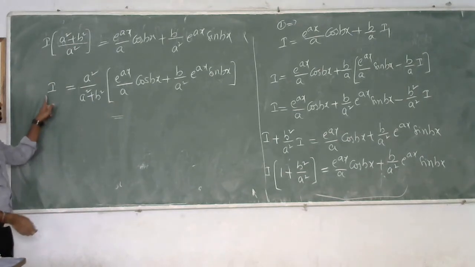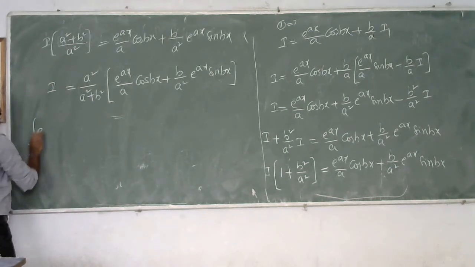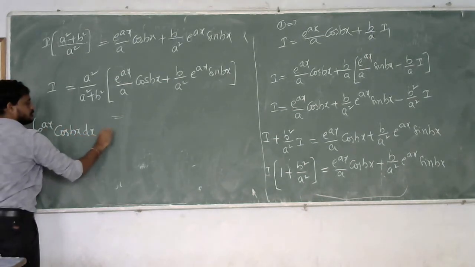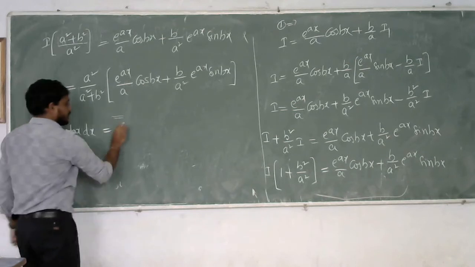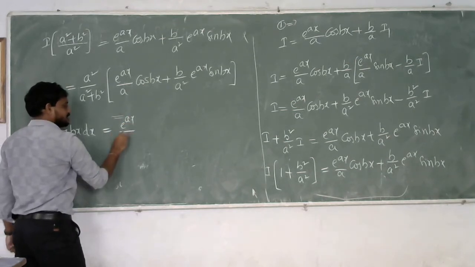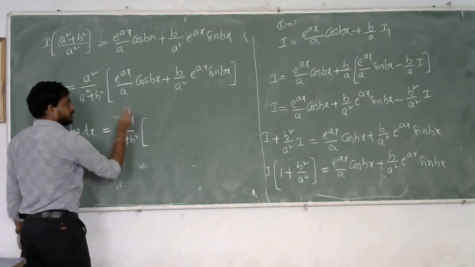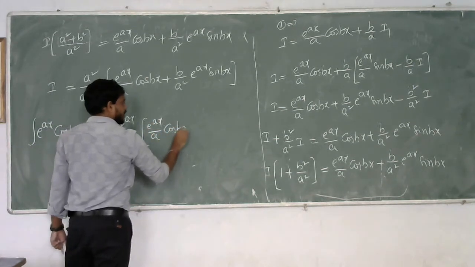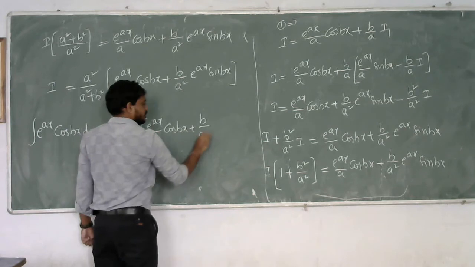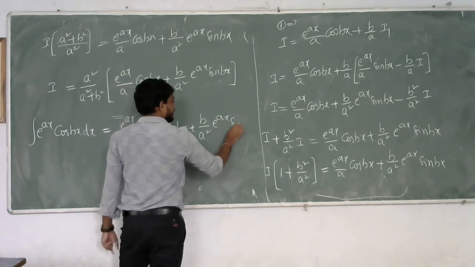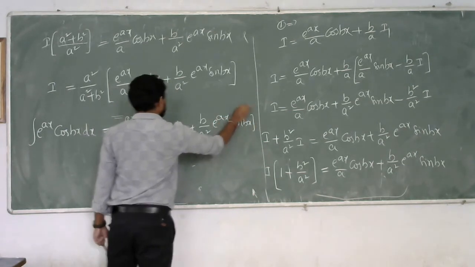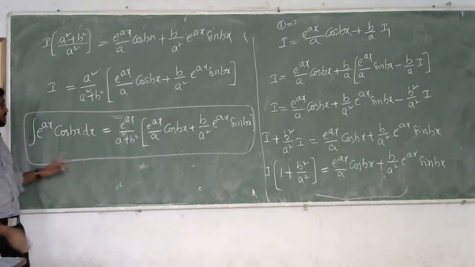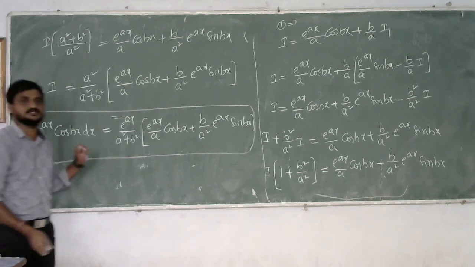Here I is nothing but the integral e power of ax into cos bx dx. That value is e power of ax by a square plus b square into e power of ax by a cos bx plus b by a square e power of ax into sin bx. It is the integral of e power of ax cos bx dx.